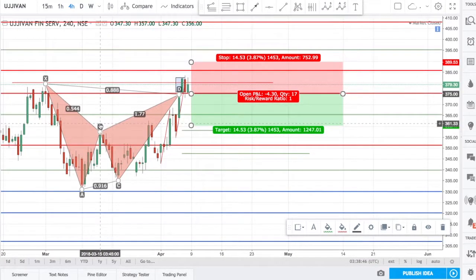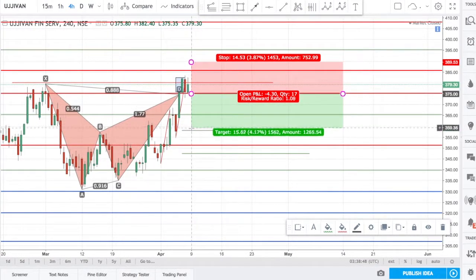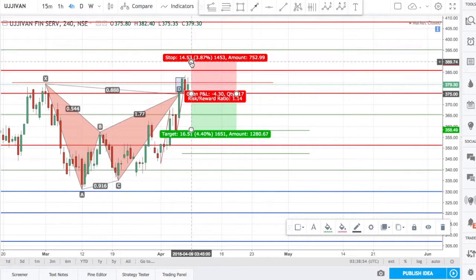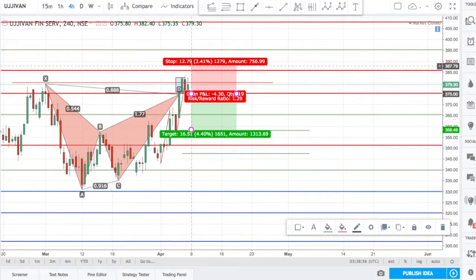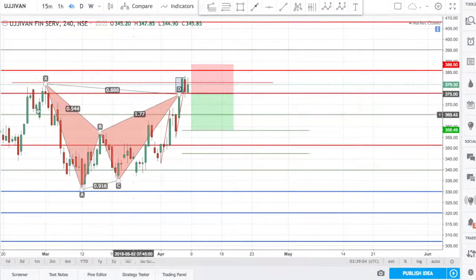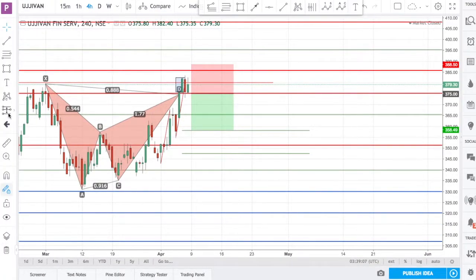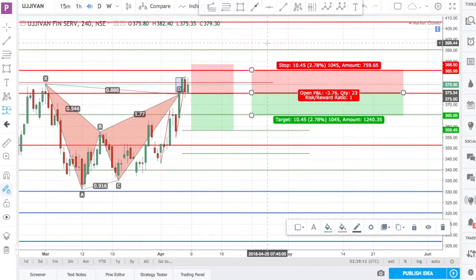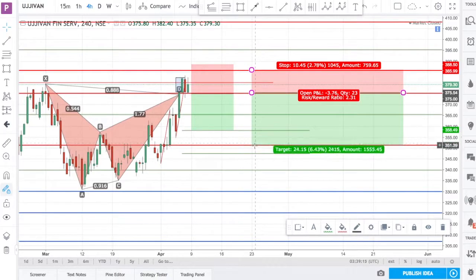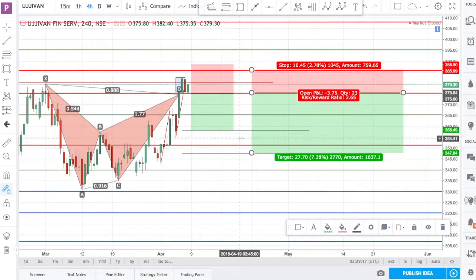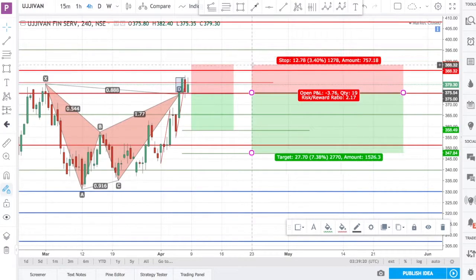Our first target would be this, with a stop loss just above this level of strong resistance, and our second target would be this, with a stop loss here.